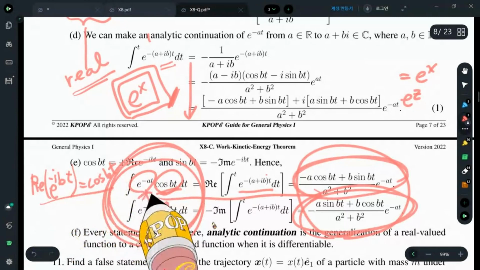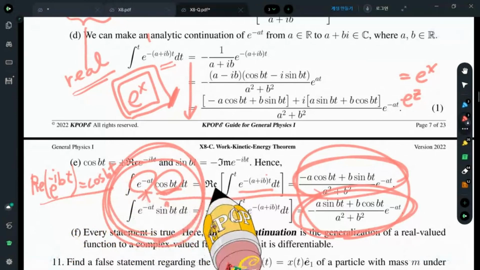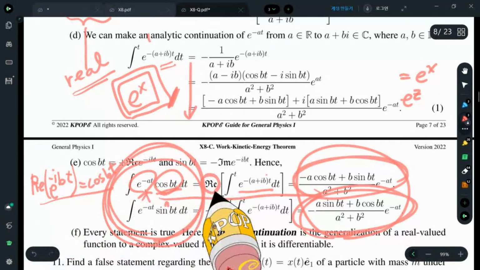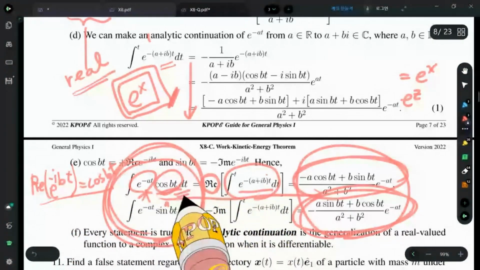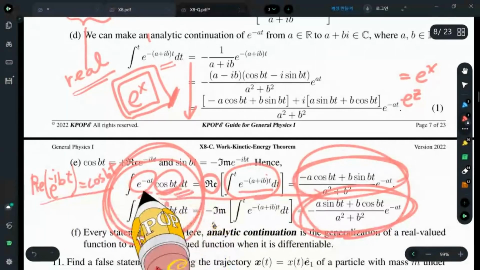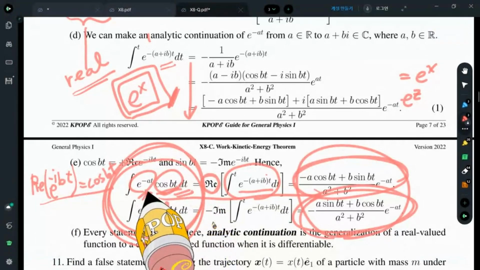And this is real. Therefore, the real part of this integral reproduces this cosine times exponential function integral.